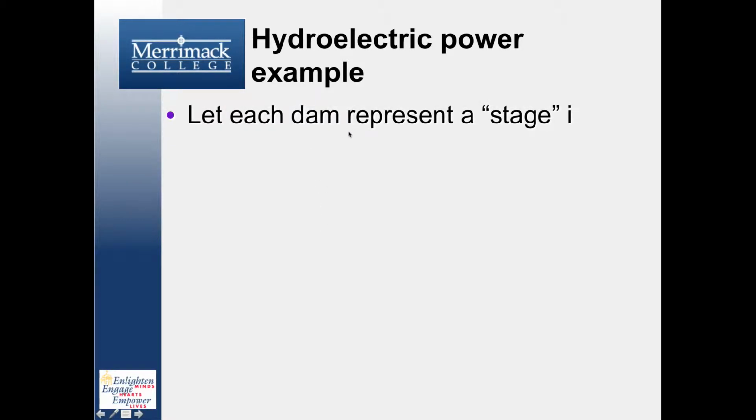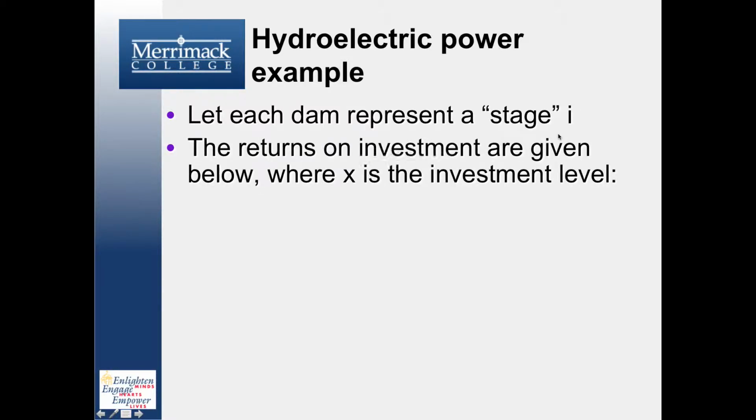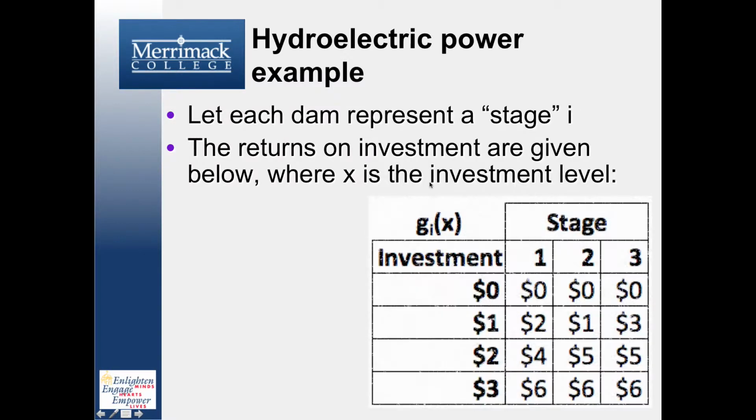So each dam can represent a stage i, or an item on the list. That would be a column, right? The returns on investment are given in a table I'm going to show you here. So the investment levels are the x's.